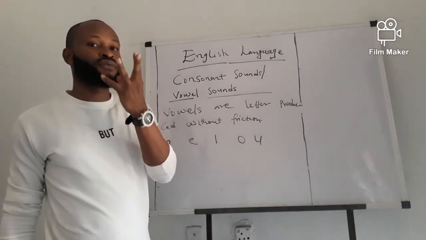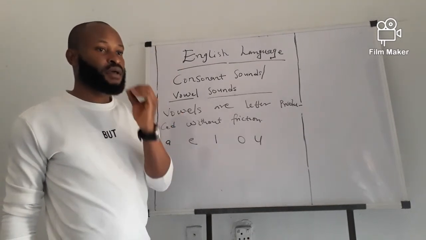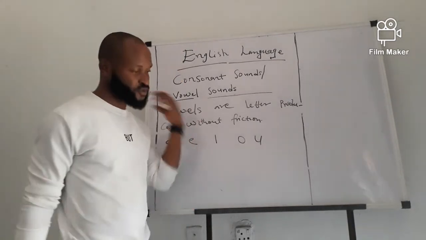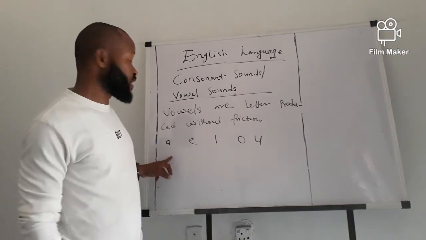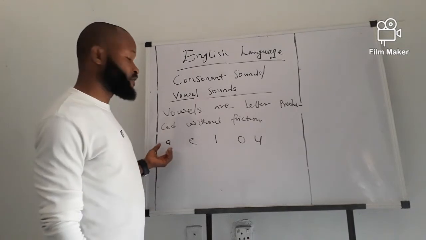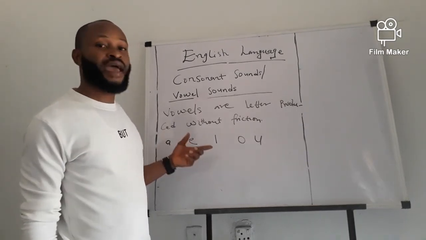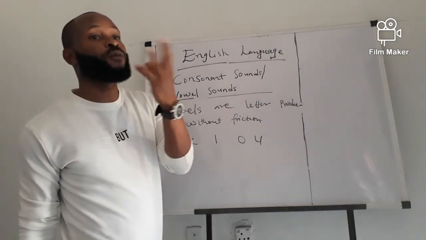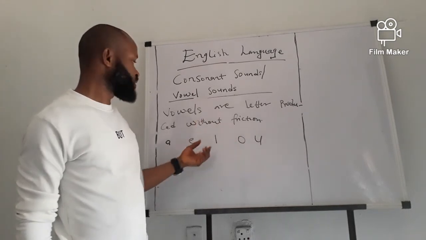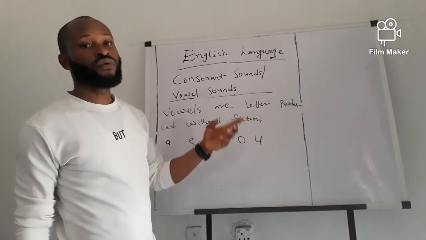Now your mouth, both your upper lip and the lower one, gets parted at a distance before these letters are pronounced. You see how I opened my mouth before I produced this. We say eh, eh, the mouth opening wider than it used to be. We have e, e, and then we have o, o, and then we have u, u, u.